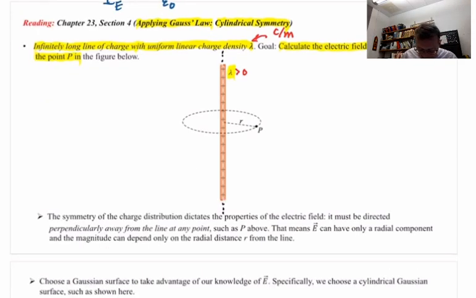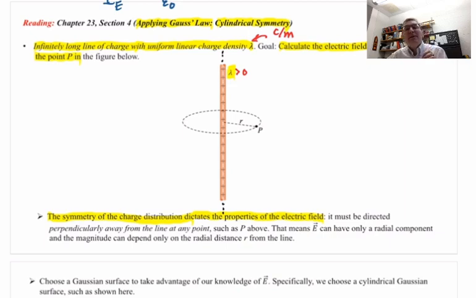Let's talk about the symmetry of the charge distribution and what that requires for the electric field that the charge distribution creates. Basically, because the charge distribution looks the same going up and down, you can't tell any difference between a point up here or down here or up there on this long line.